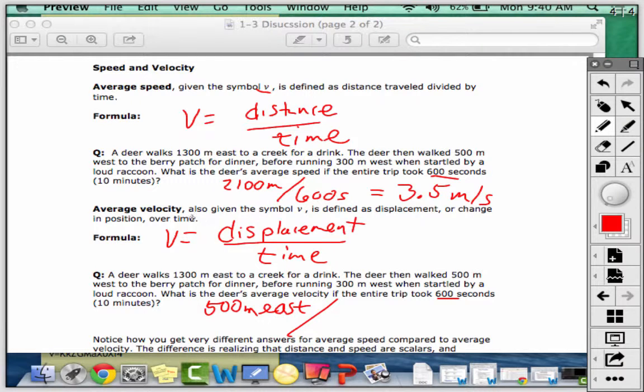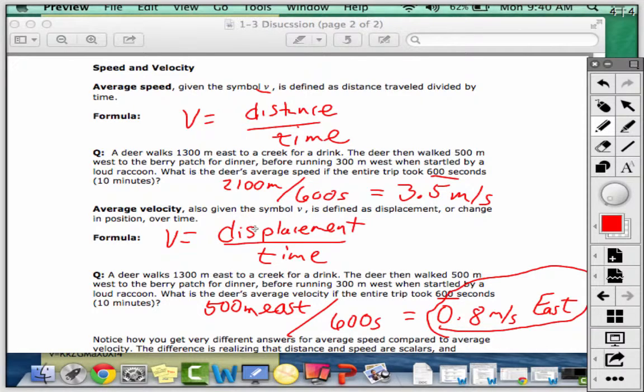The problem says 600 seconds. So 500 divided by 600 gets me 0.8 meters per second. And what else do I need to put in there? Good. East. Don't forget that.